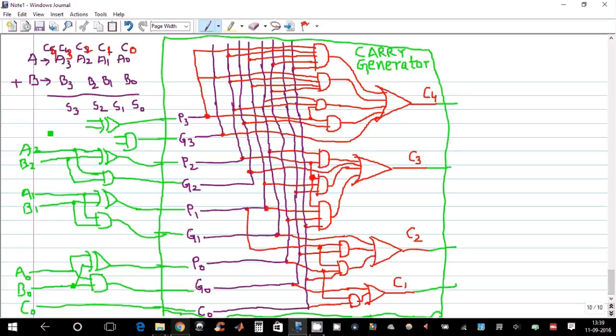This diagram looks very clumsy, but you can draw it very neatly if you just sit and do it. The inputs are A3 and B3. So the XOR is connected to P3 and the ANDing is connected to G3.